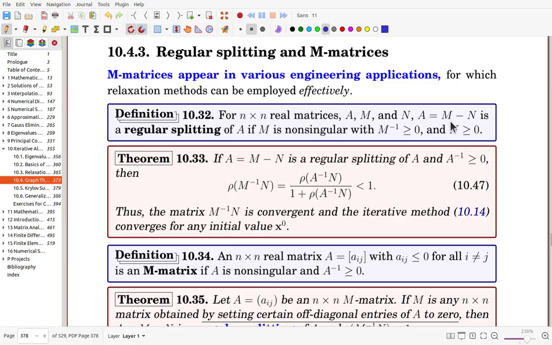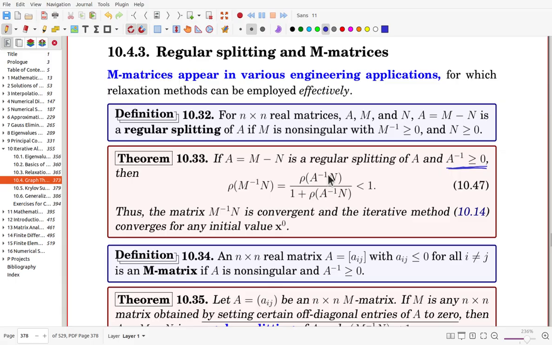Once you start with a regular splitting for a relaxation method, and also assuming A inverse is non-negative, first of all, A should have this property. Then the spectral radius of the iteration matrix is given in this way.